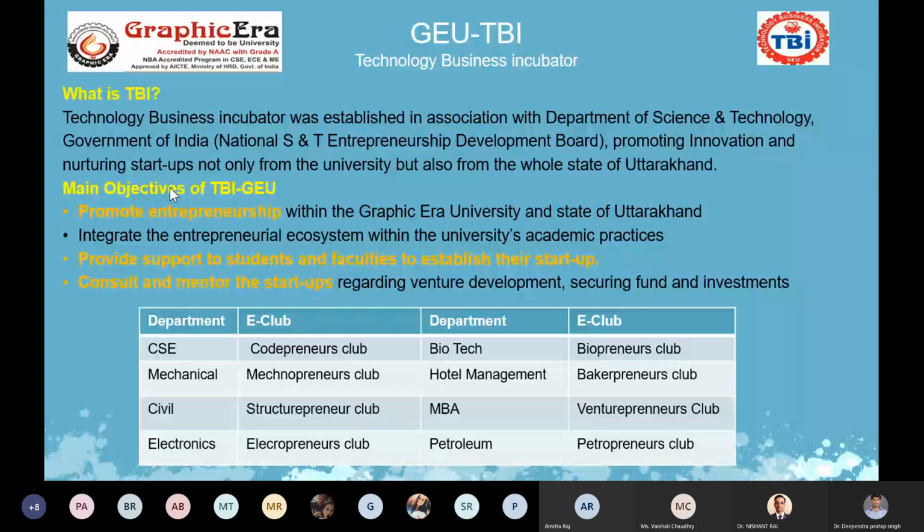And it also provides consultation and mentorship for the startup programs. To carry out these objectives, they have recently started these e-clubs, entrepreneurial clubs, in the various departments.